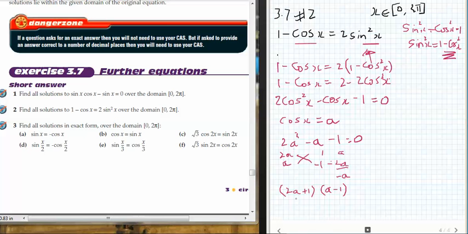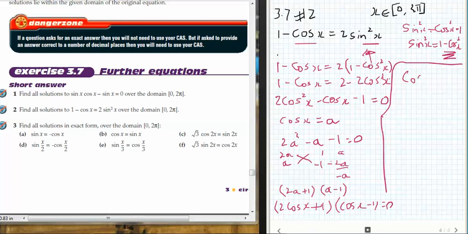However, a is cos of x, so I've got 2 cos of x plus 1 and cos of x minus 1 equals 0. Now, looking at those two solutions, either cos of x minus 1 equals 0, which means cos of x equals 1.